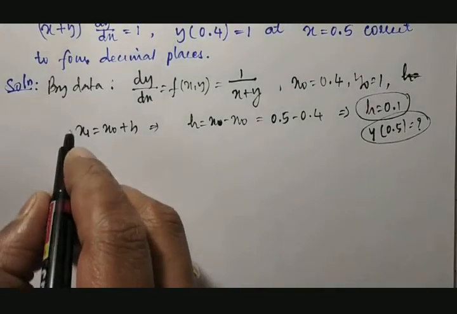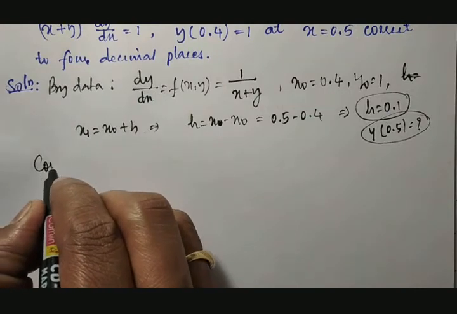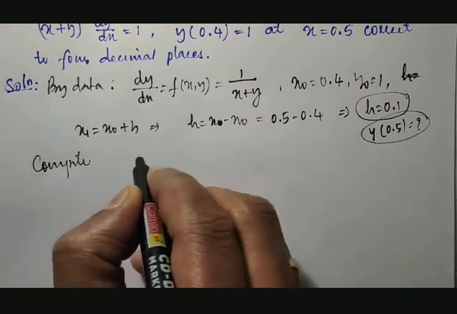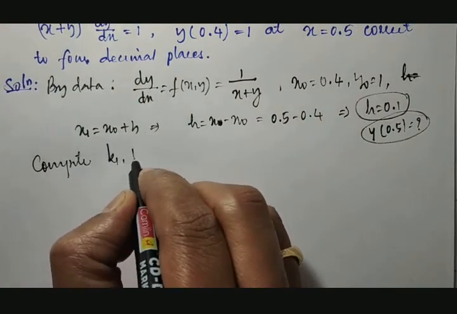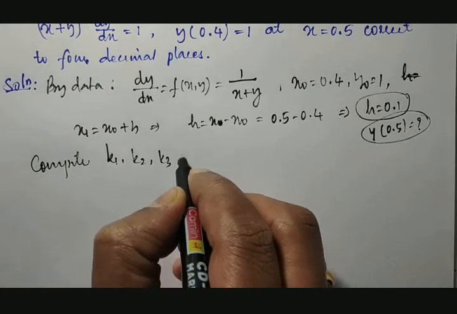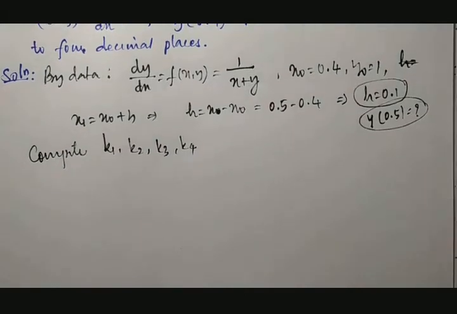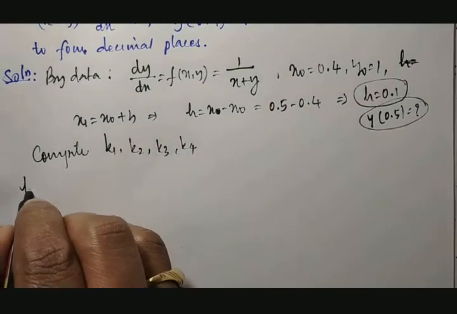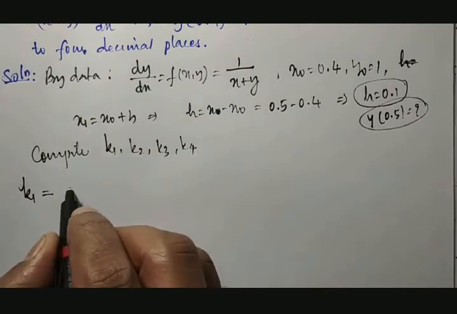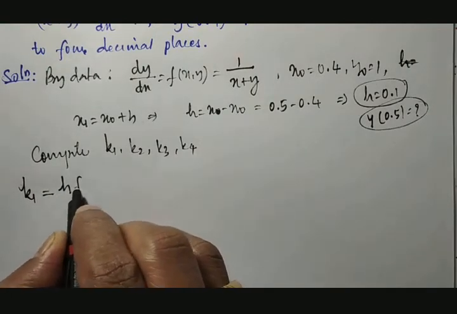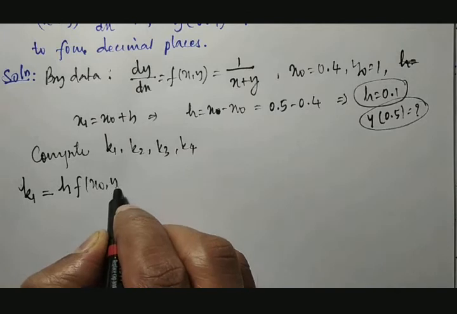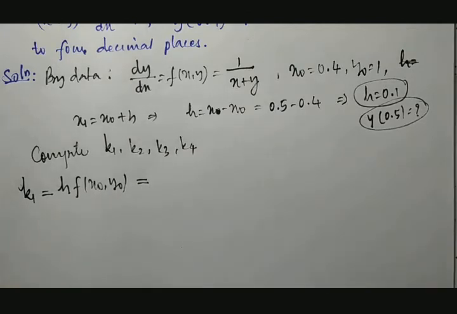Okay. Very first, before going for the final solution, we need to compute the values of k1, k2, k3 and k4. So let us take k1 first. K1 can be calculated by using the relation h into f of x naught comma y naught.